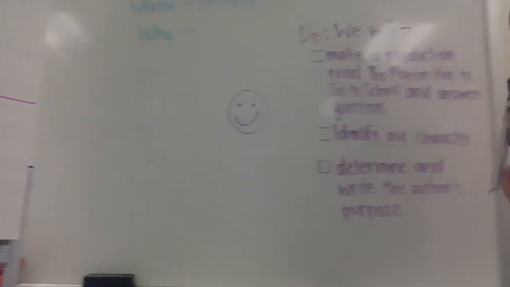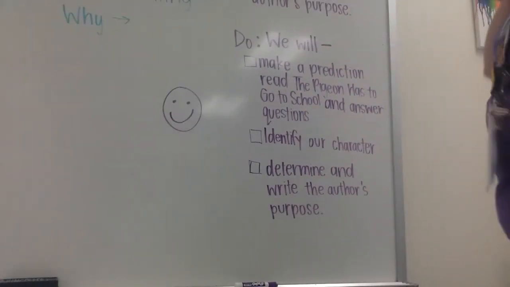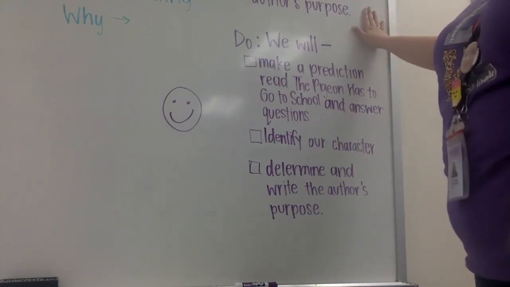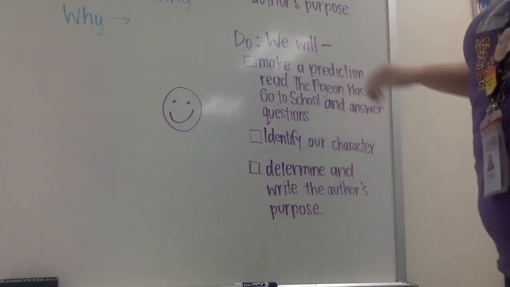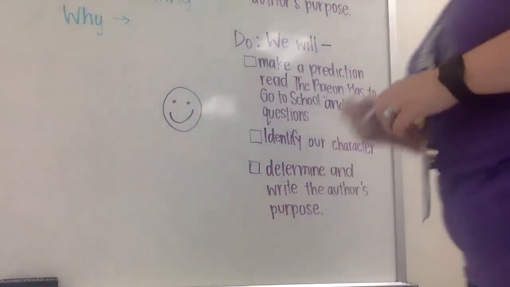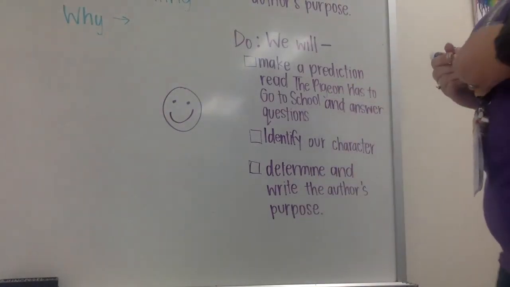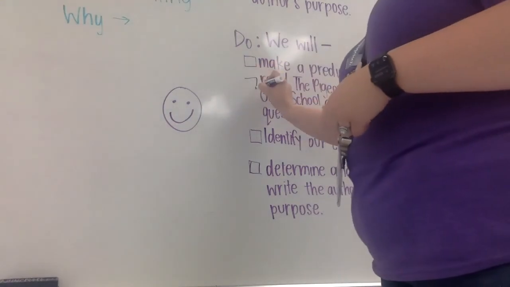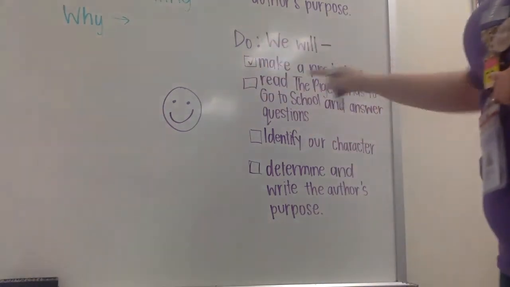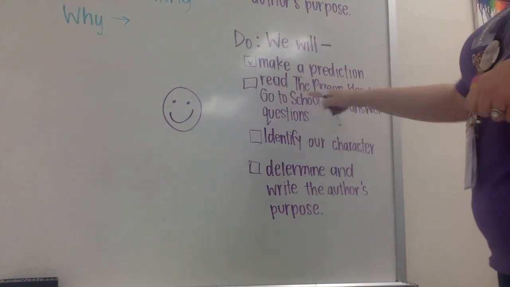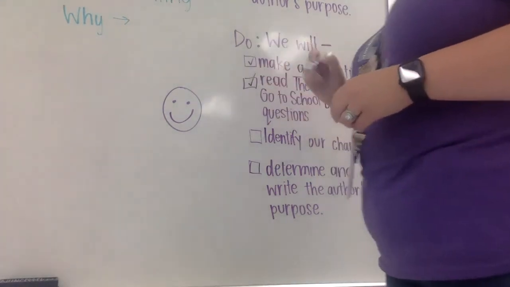All right, let's go back over our do. So we talked about what author's purpose was. Did we make a prediction about the book? Yeah, we did that. Did we read The Pigeon Has to Go to School and answer questions? We did that.